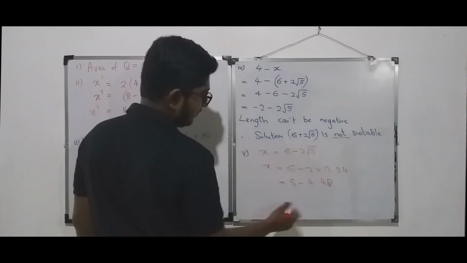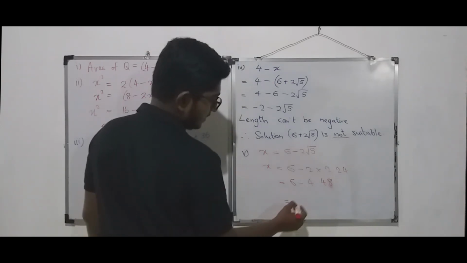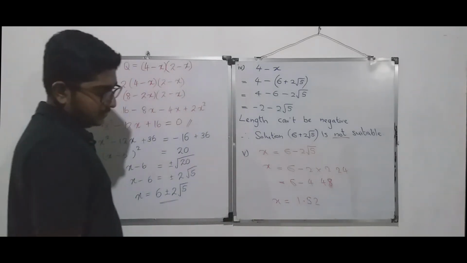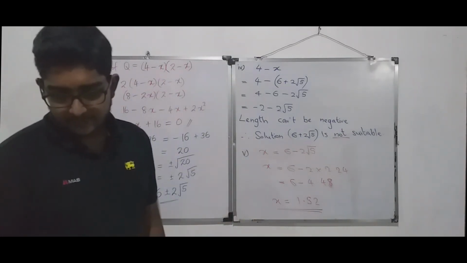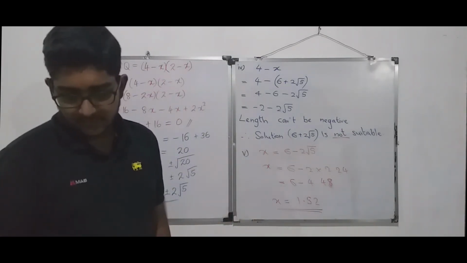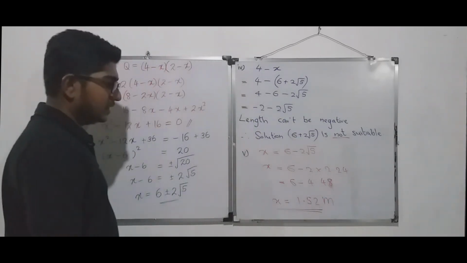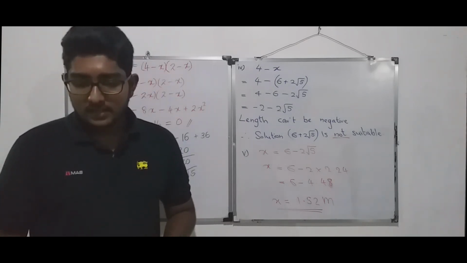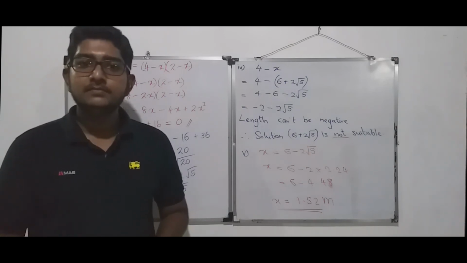After simplifying 6 minus 4.48, we get the answer as plus 1.52. So this is the length. We got a positive answer. In the question, they have given the value of x in meters, so we have to add the unit, 1.52 meters. With that, I conclude this question, the 2016 quadratic equation problem.